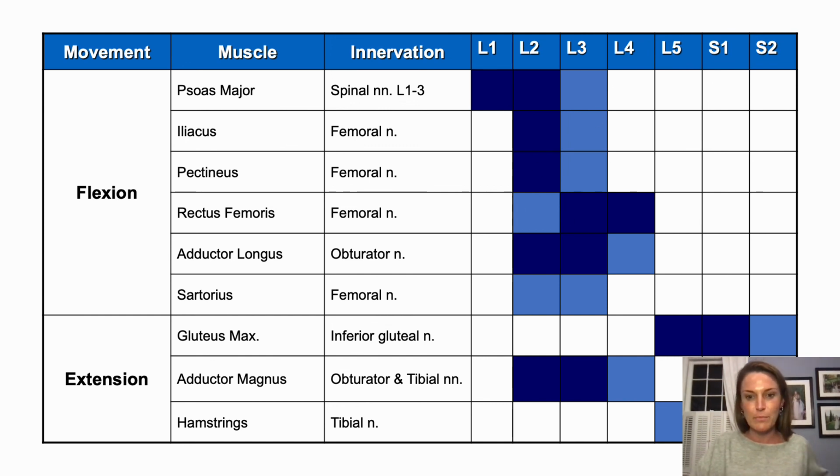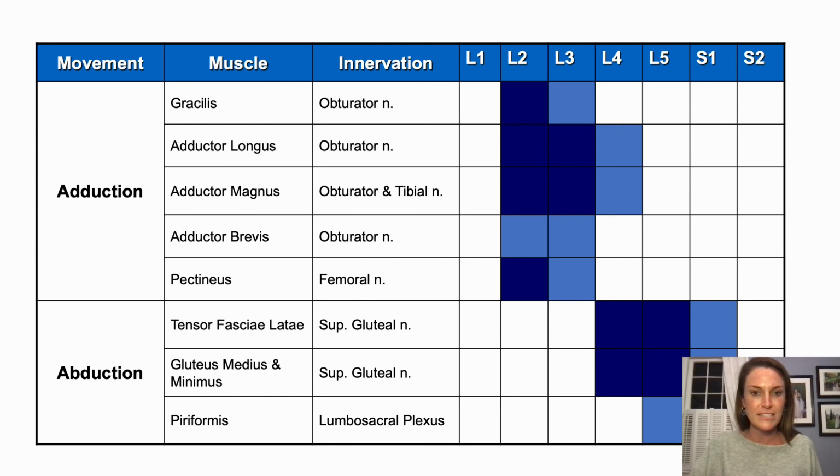So you could ask the patient if they had had any kind of lumbar injury in the past, potentially a surgery. Is there a reason these muscles may not have been innervated properly? And then is there anything you can do with your interventions to change that? So you can just look through these as a reference.